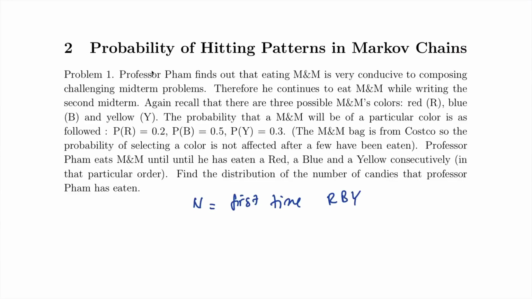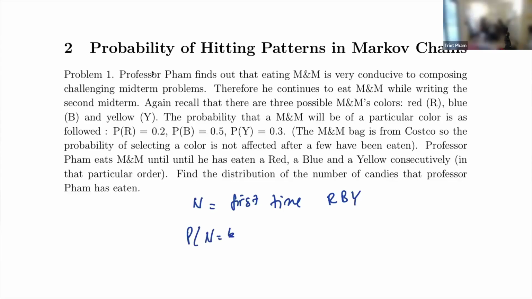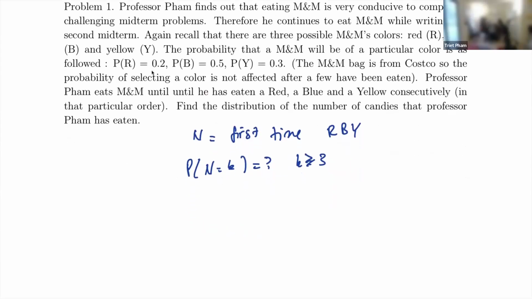The probability distribution of n. Correct. It's just the probability that n equals k, where k is bigger than or equal to 3. Good. So we need to write down the transition matrix Q of the pattern tracking Markov chain.